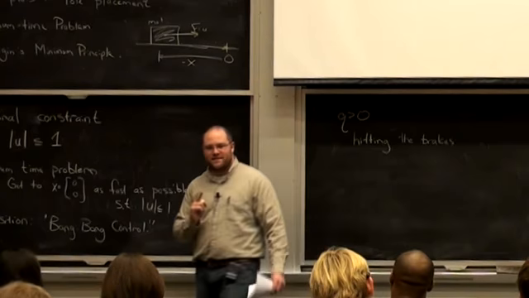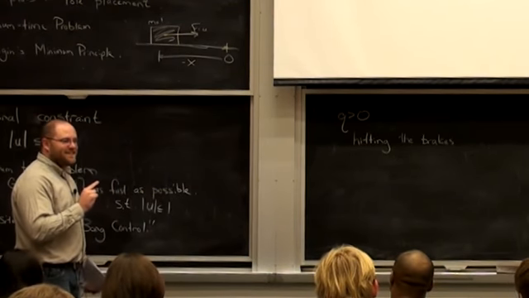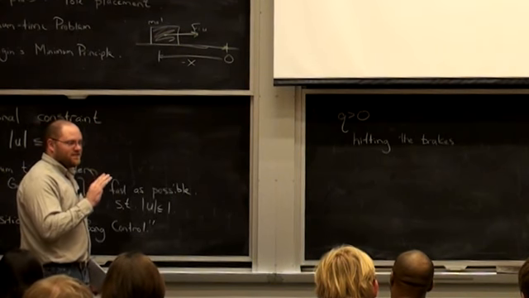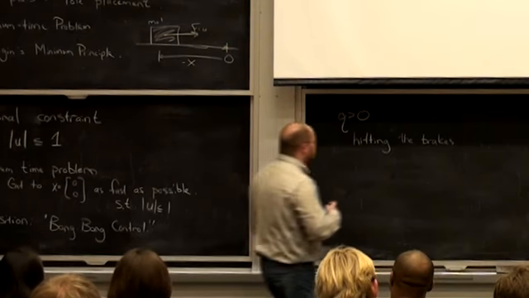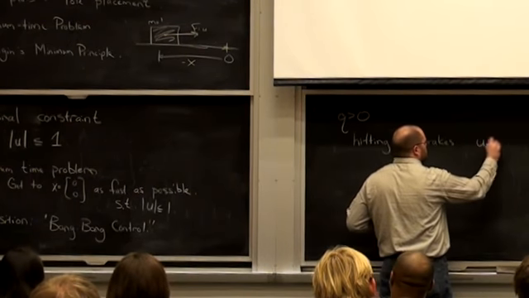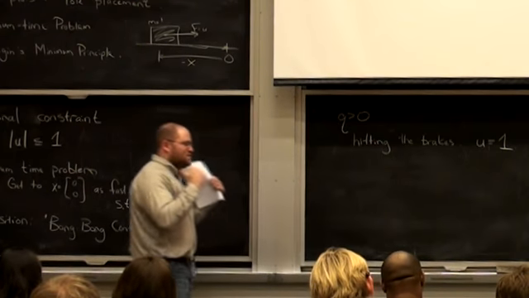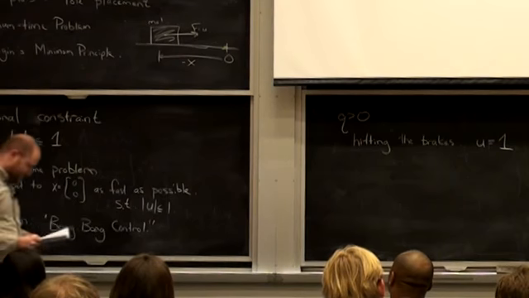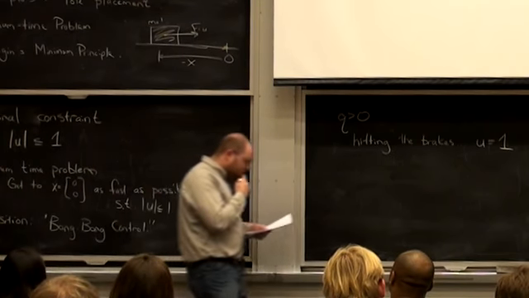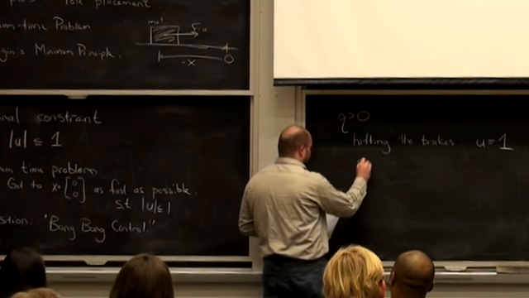Sorry, you almost got me. If q is greater than 0, then u is +1. I want to be pushing back in the direction I'm already coming from. So u is +1. All right, now we're going to have some math ahead of us.